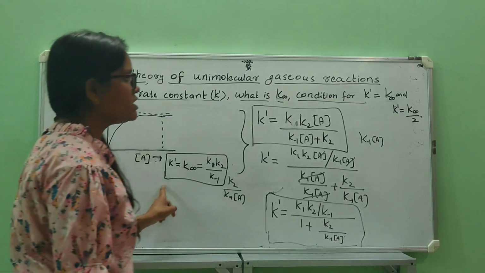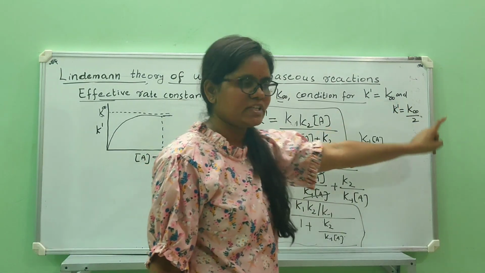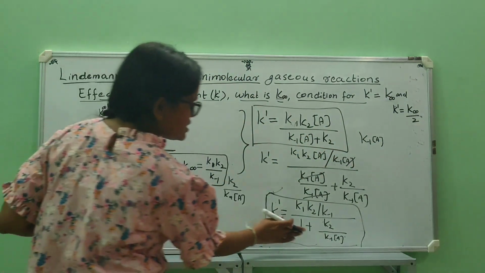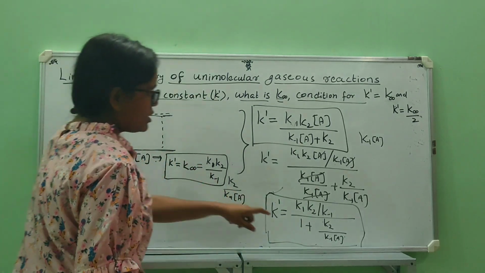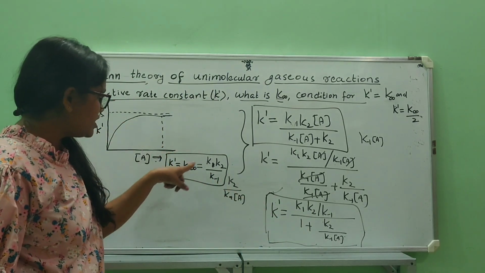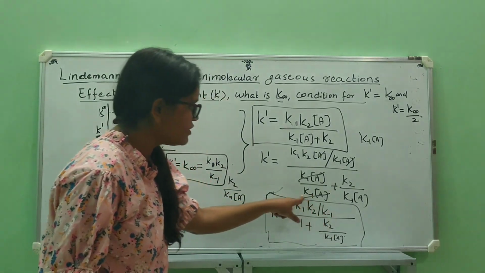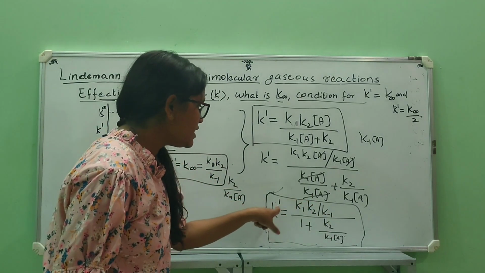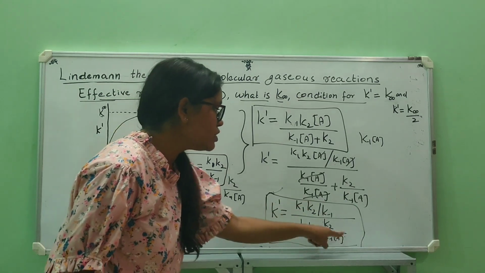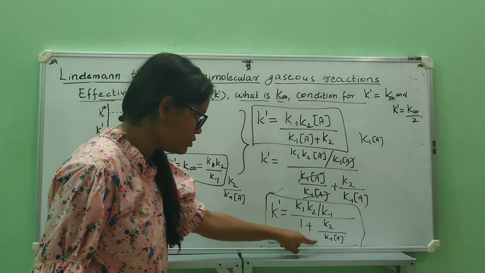Now let us see the condition at which K dash becomes K infinity by 2. For that, consider the same equation. Now we know that K infinity is K1 K2 by K minus 1. So this numerator is K infinity, right? So for K dash to become K infinity by 2, this denominator should become 2.